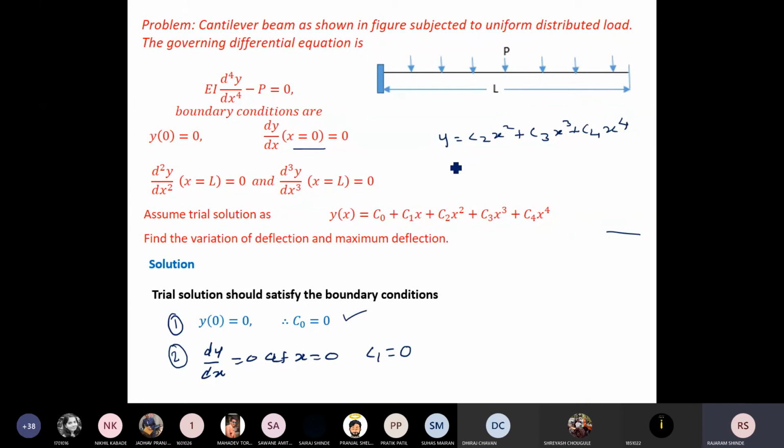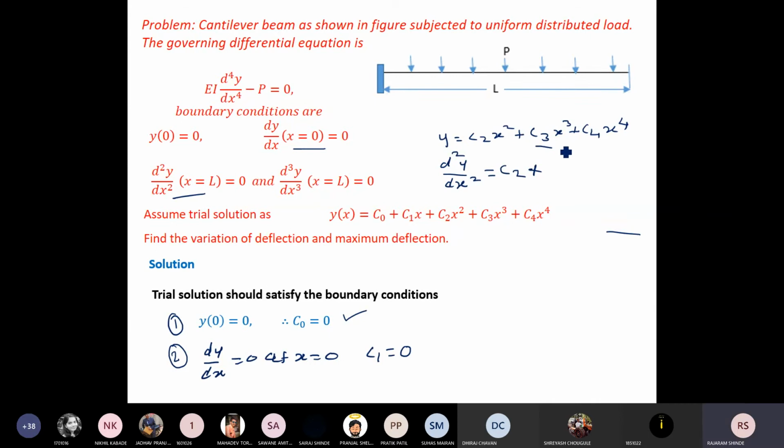Now we need the second derivative. Second derivative is 0 at x is equal to L. Now what is second derivative here? d2y by dx square. The second derivative of the first term is C2, plus the second derivative of the next term.